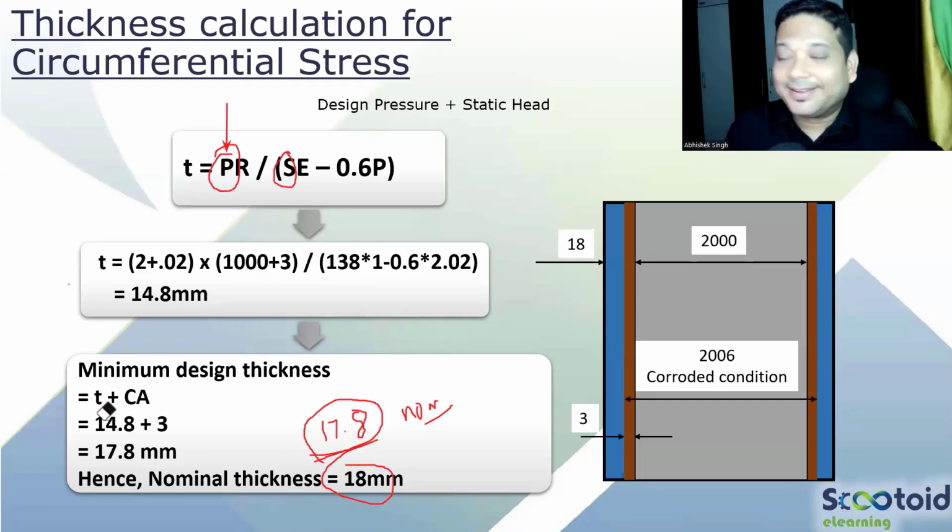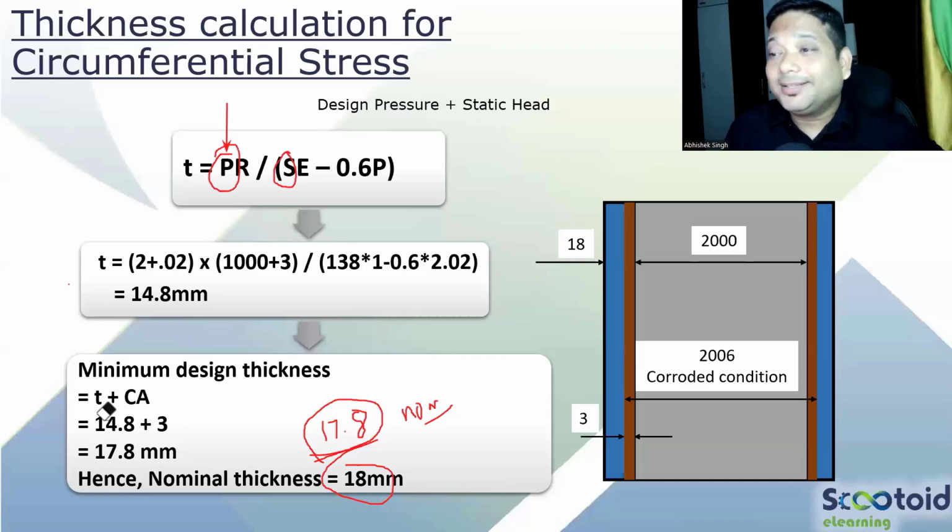Making sense? Now can I say that this P is the maximum pressure? Or is anything still stopping you from saying that? 138 MPa is the maximum stress which you can generate.